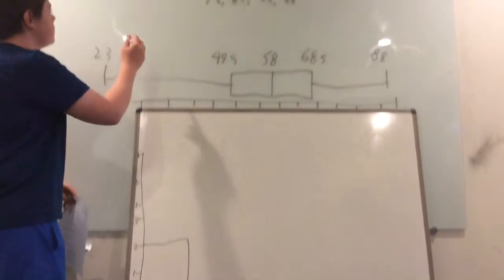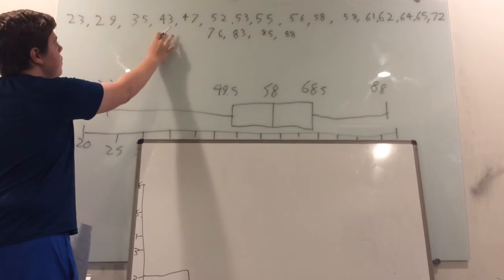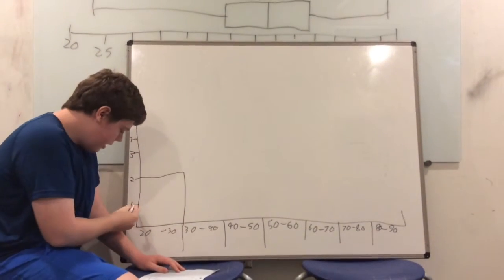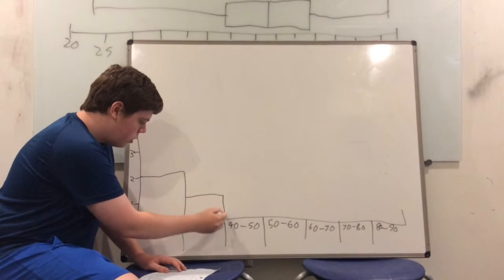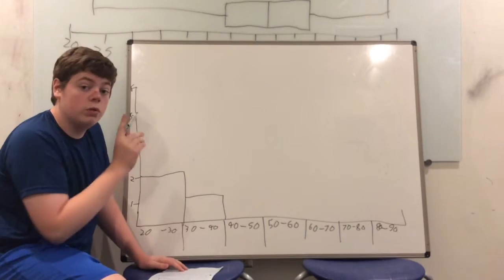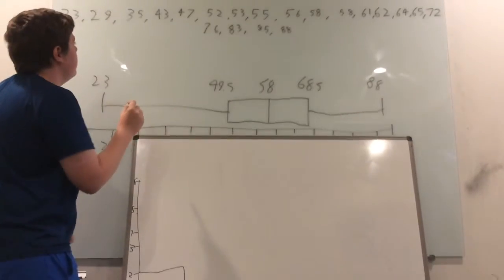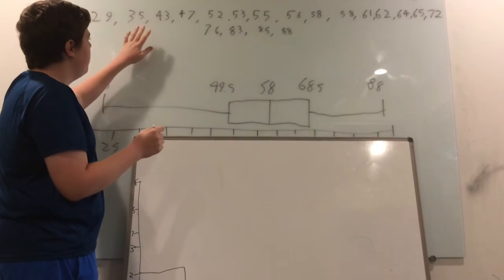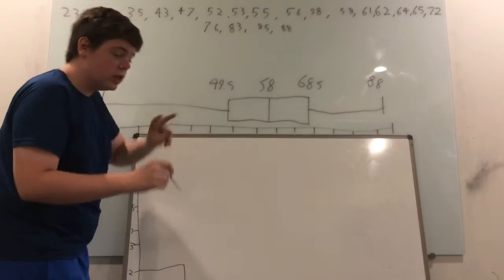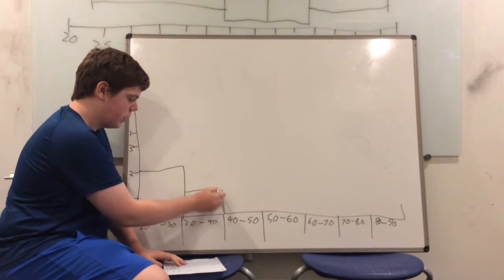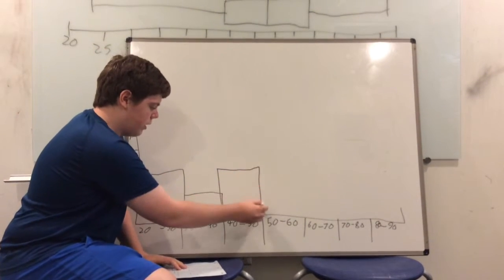Now between 30 and 40, we only have one number, so here's the 1 and we go over. This represents that between 30 and 40, there's only one of them. Between 40 and 50, we can see that we have 1, 2. So that's two numbers between 40 and 50, and our 2 is right here, so we go up to 2, over, and down.